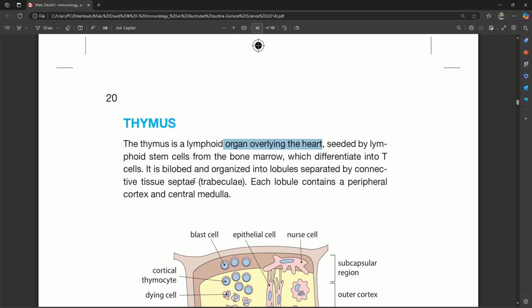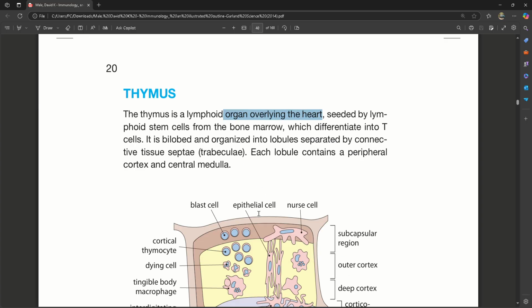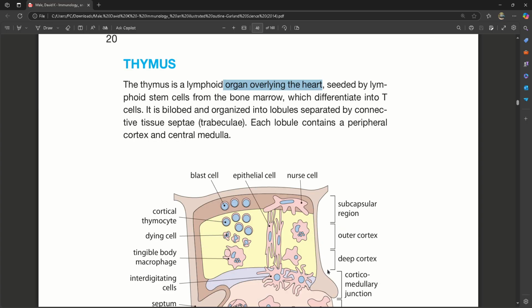It is bilobed and organized into lobules separated by connective tissue, septa. So these are the septa. These are the structures, a section of this thymus.